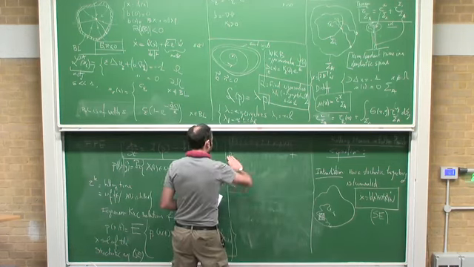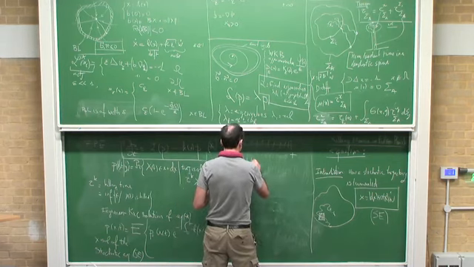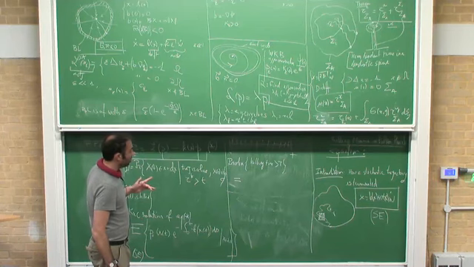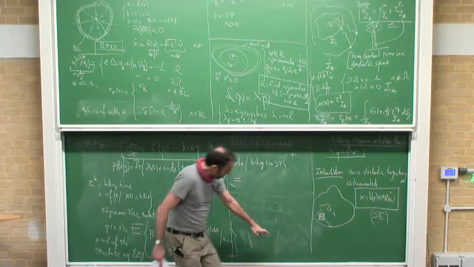What is the probability that the killing time is bigger than t? Well, if you start at 0, what is the probability to be killed? The probability to be killed equals k delta t multiplied by the element dx.